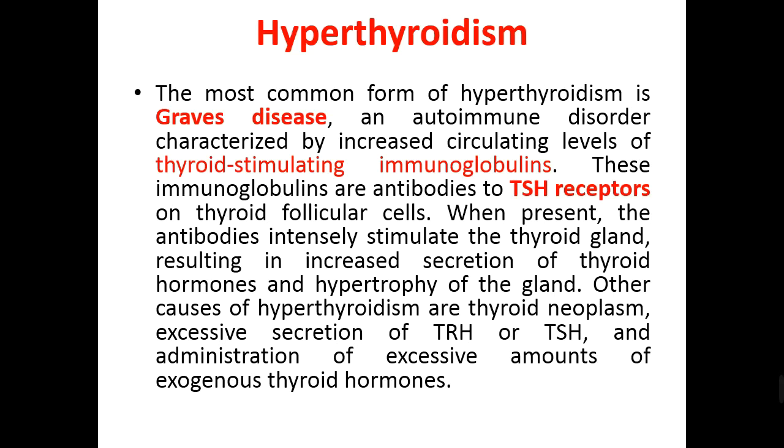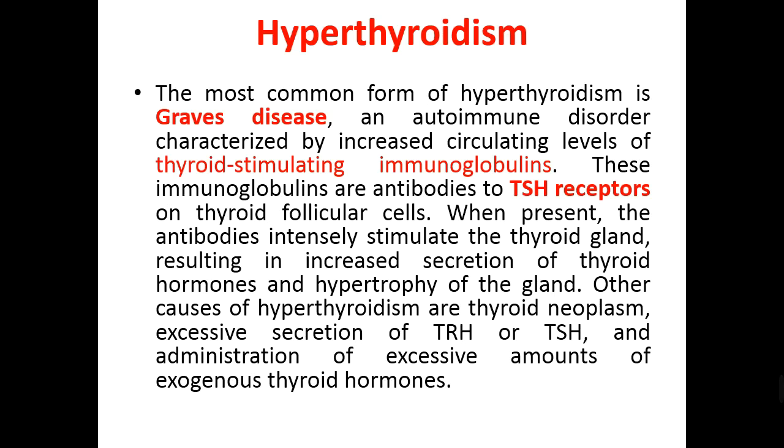A disease called Graves' disease is an autoimmune disorder that is characterized by increased circulatory level of thyroid-stimulating immunoglobulin. These immunoglobulins are antibodies to thyroid stimulating hormone receptors on the thyroid follicular cells.